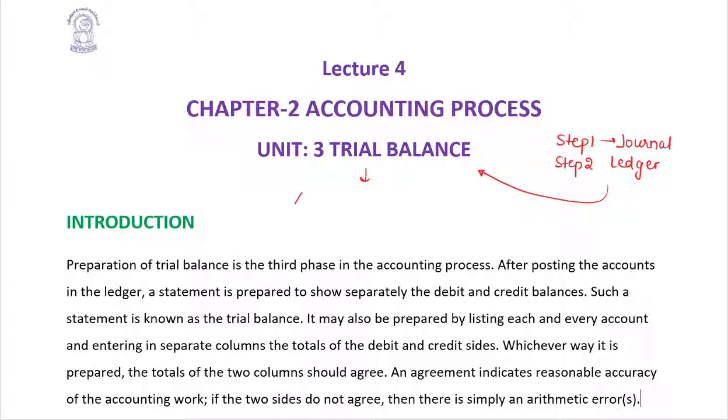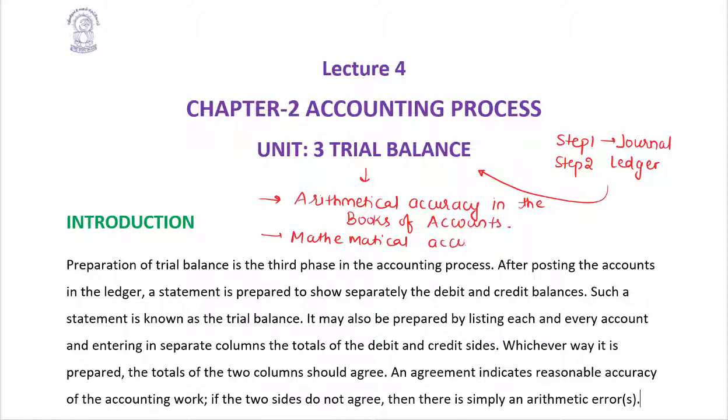It shows arithmetical accuracy in the books of accounts. Arithmetical accuracy is also known as mathematical accuracy.